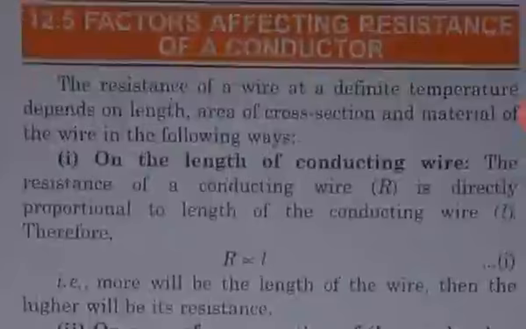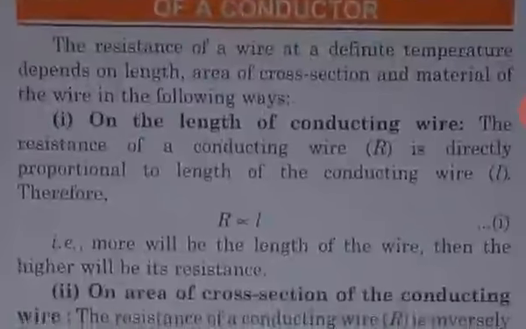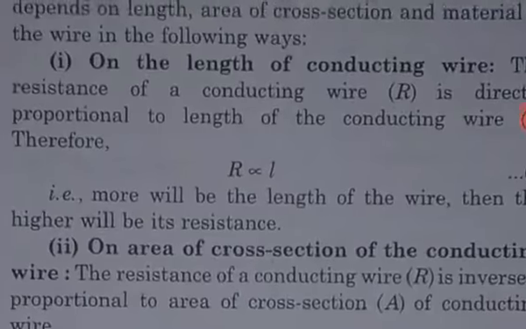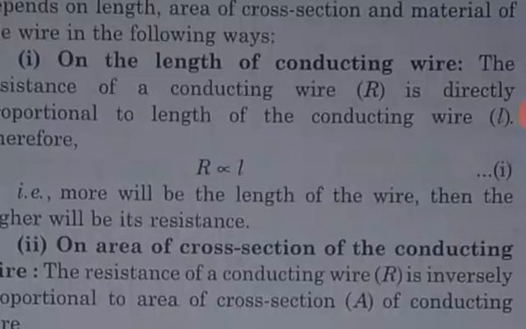The factors affecting resistance R: the first is the length of the conducting wire. Two wires of different materials having the same length and cross-sectional area have different resistance.